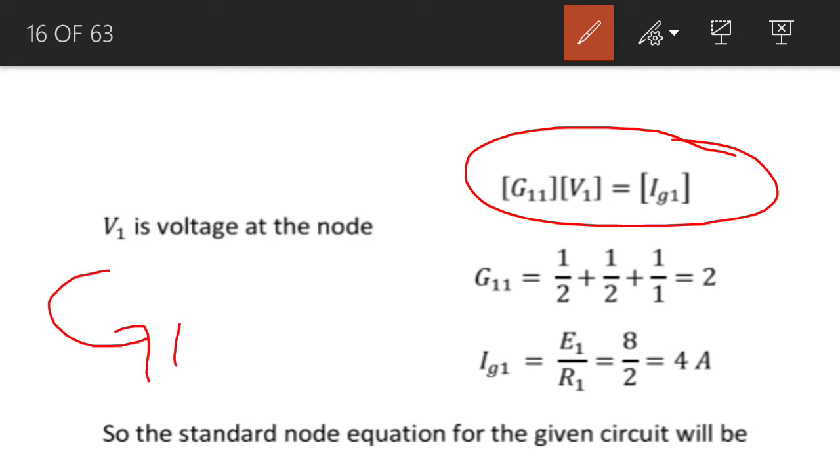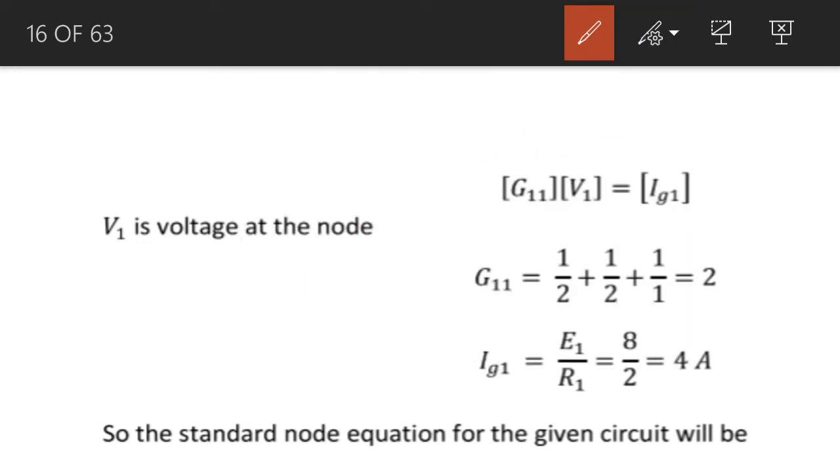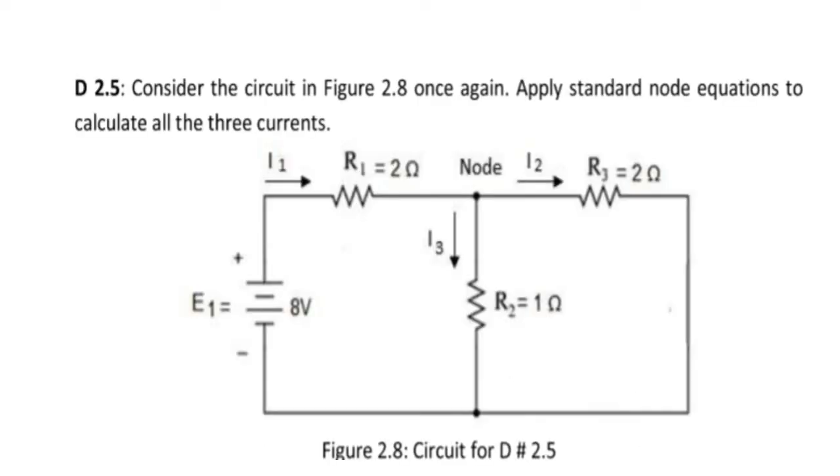For the calculation of G11, we consider the resistors which have been connected to the given node, which have been connected to the single node. So let us go back to the circuit diagram, and let us consider the resistors which have been connected to the single node of the entire circuit.